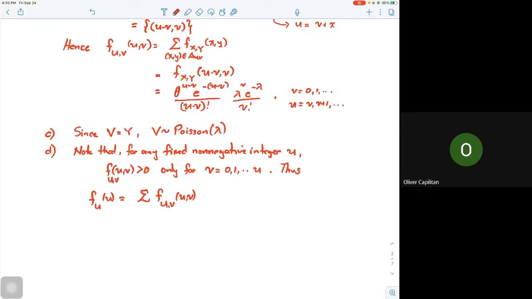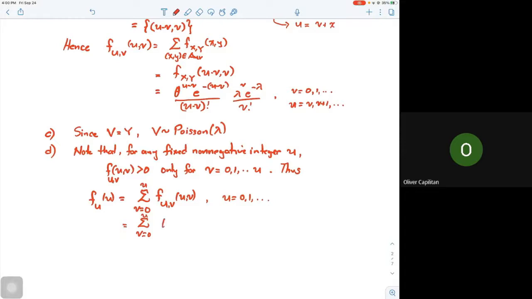So the summation will start from v equals 0 up to u, and that is for all u here, 0, 1, and so on and so forth.